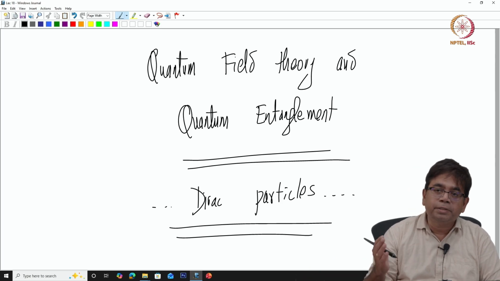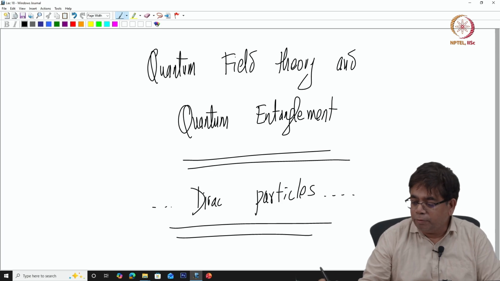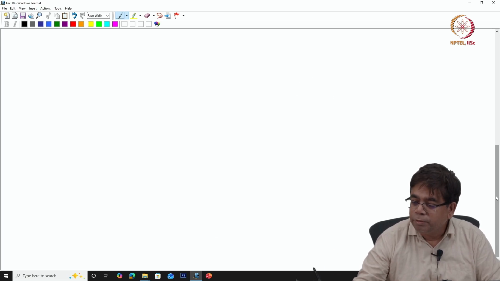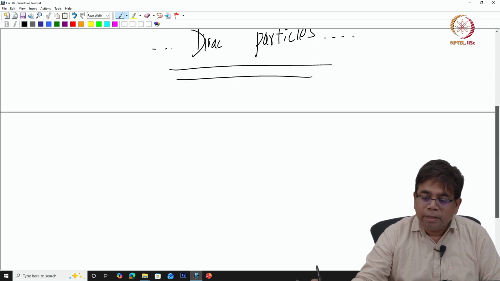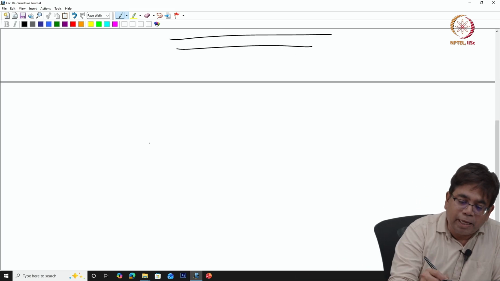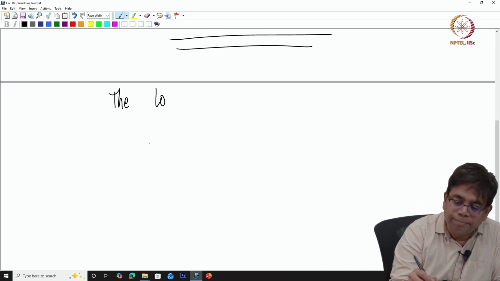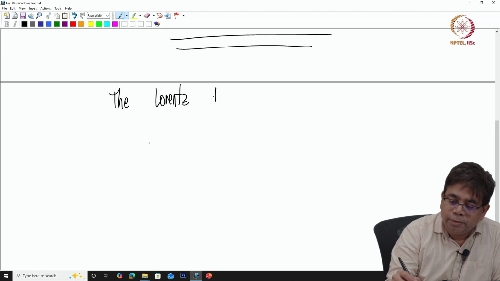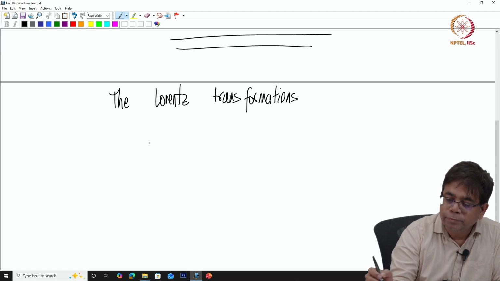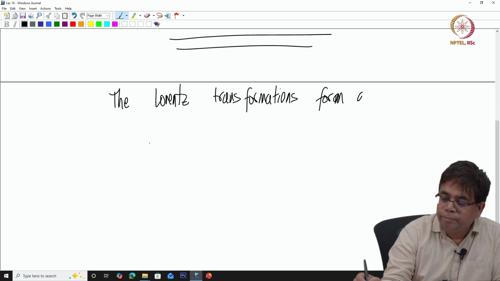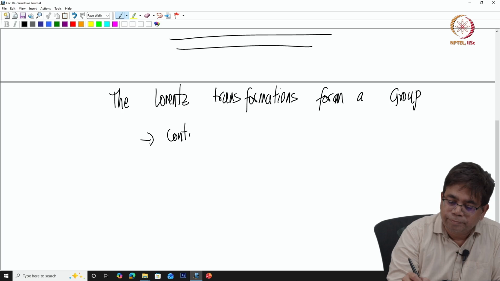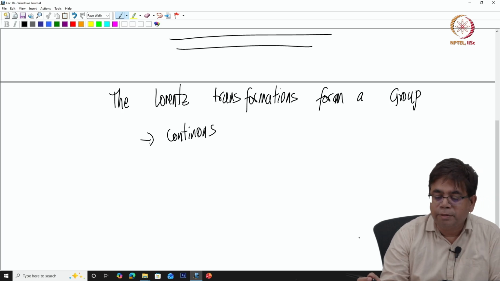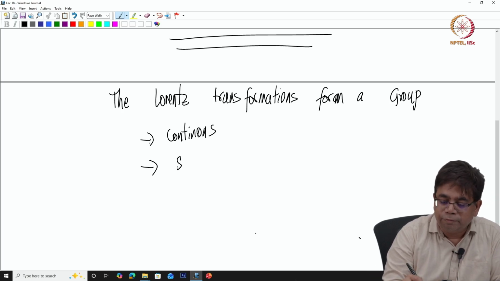So, to distinguish the line element from the other cases, we want to say that the group associated with the Lorentz transformation is SO(3,1). Okay. So, just to recap, the Lorentz transformations form a group which is continuous, just like the rotation group essentially, and starts from unity.